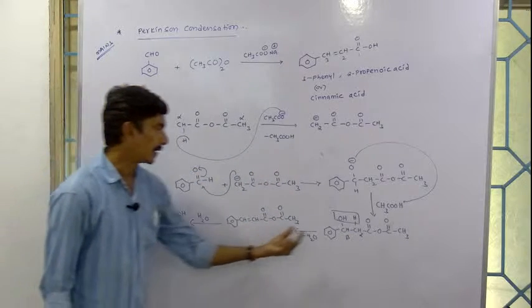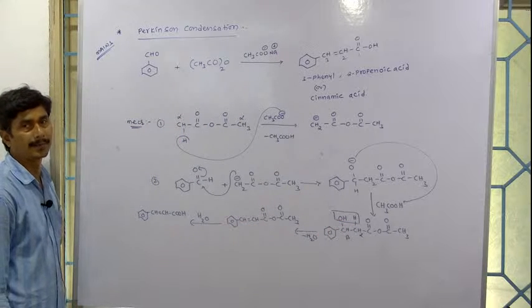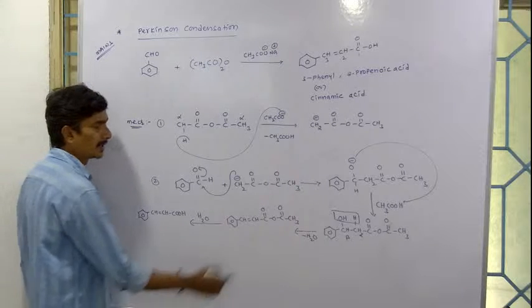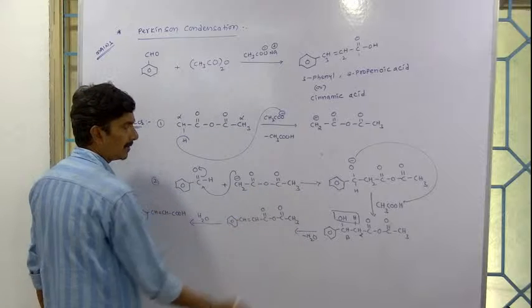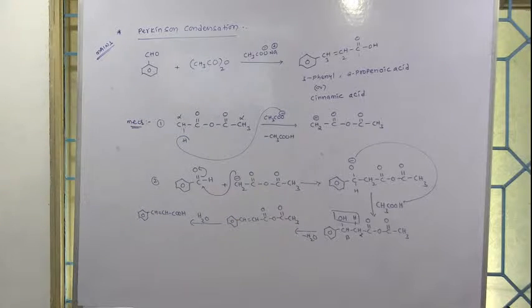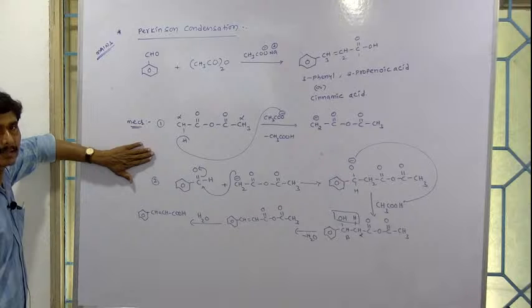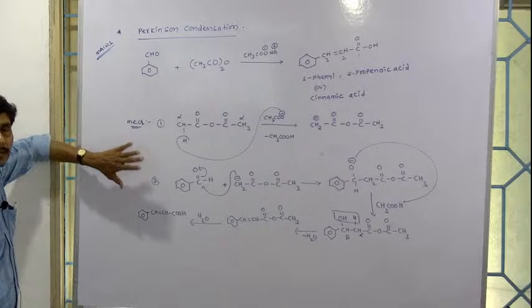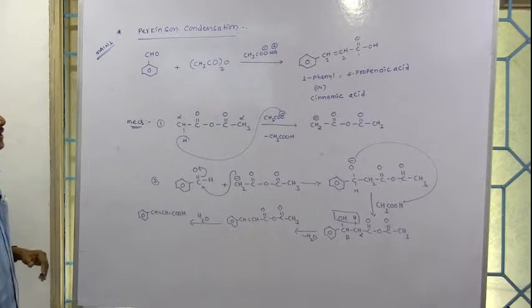On heating, loss of a water molecule can form the alpha beta unsaturated anhydride, which on hydrolysis, this bond will cleave and form the carboxylic acid, either on the left side or the right side. There is no need to learn the mechanism, it is for our understanding. We are discussing the mechanism here. So that is the Perkin condensation reaction. Okay, note down now.